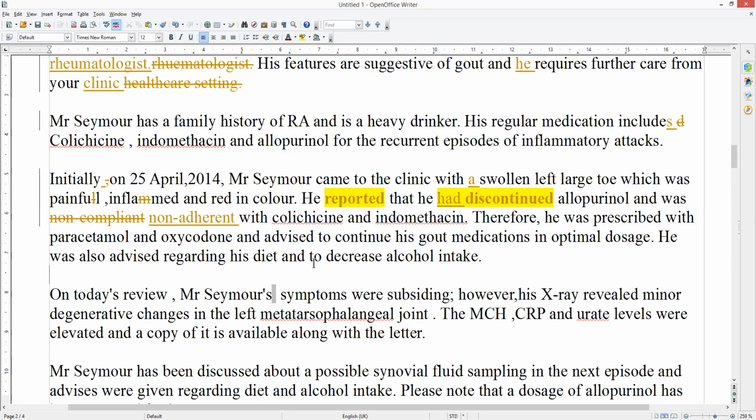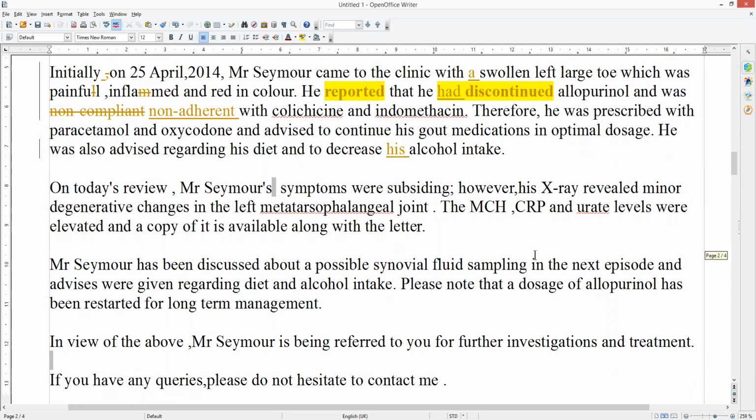Was also advised regarding his diet and to decrease his alcohol intake. Okay, so there's passive, passive, passive here, but again, you can use some active voice. I mean, didn't you prescribe? Didn't you do something here? Okay, on today's review, Mr. Seymour's symptoms were subsiding. No, I don't know about were subsiding.